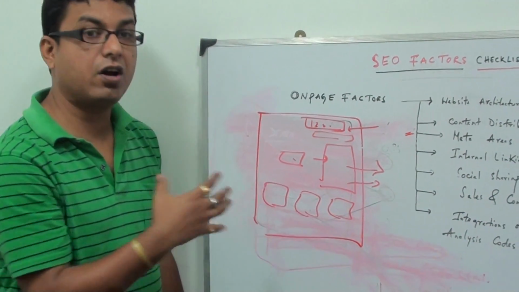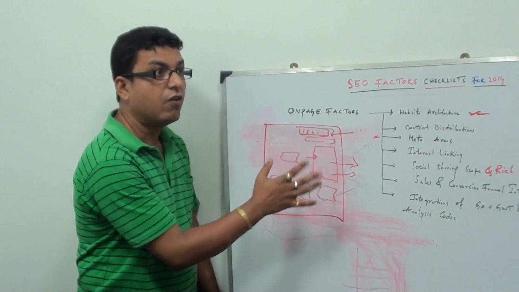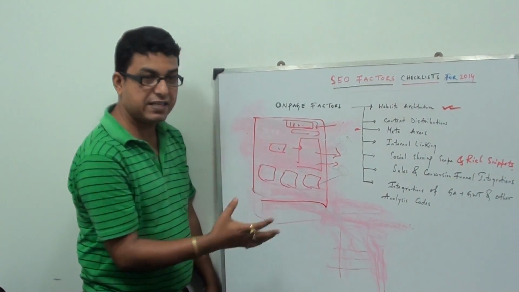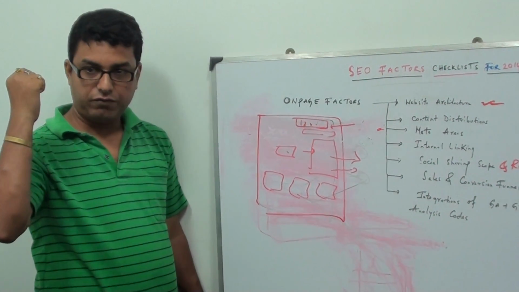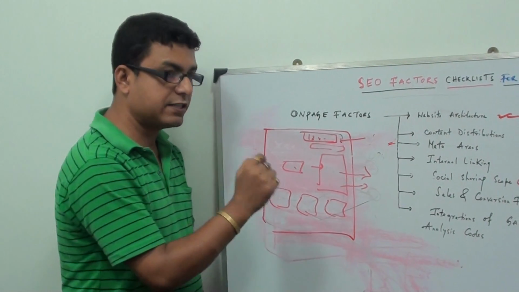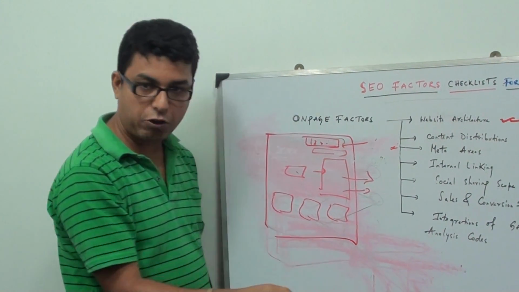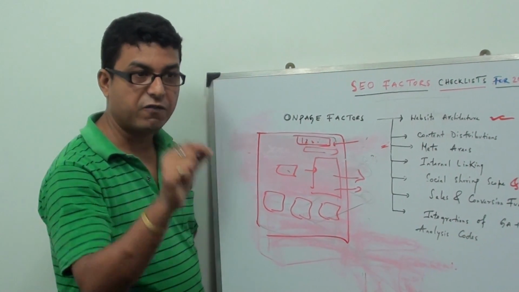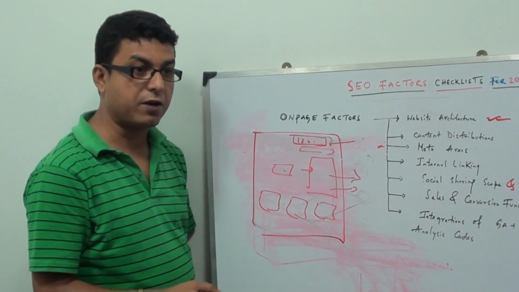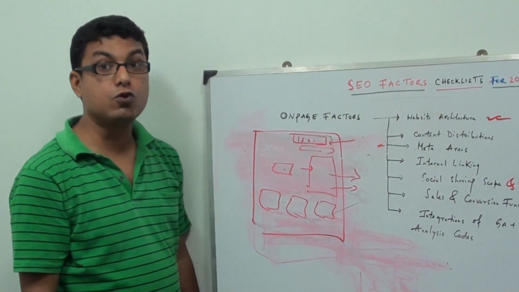If people are coming over here, how are they coming, what experience are they having, at which point have they skipped the final sales point? They have clicked add to cart, they have chosen things, they have put in coupon codes, but they have dropped off before the final click, the final order now, the final sales point. So you have to analyze from which points you are losing your business.